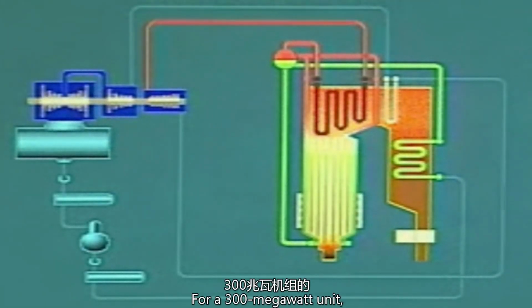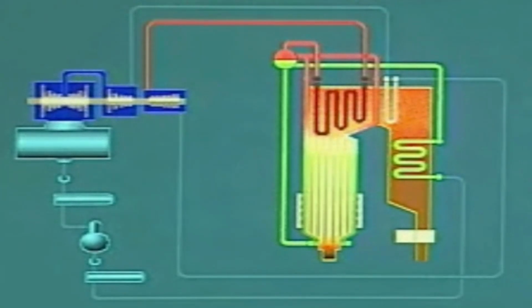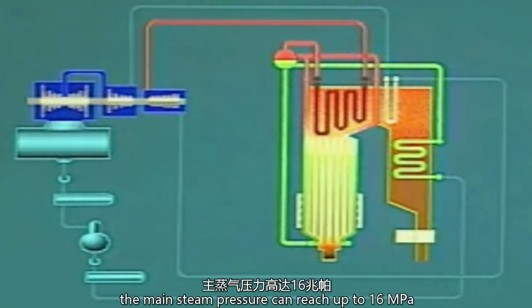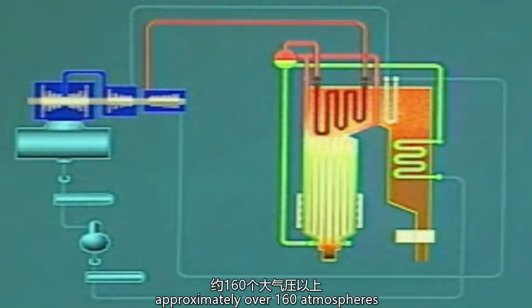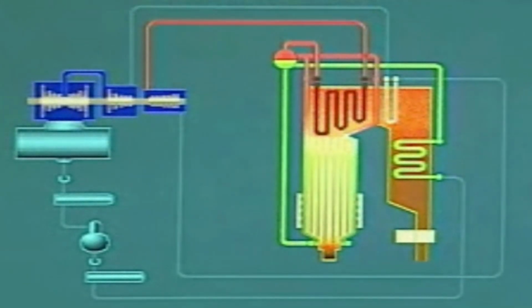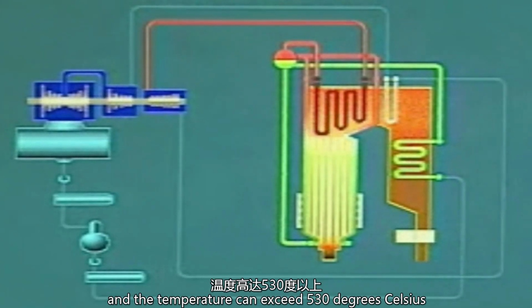For a 300 megawatt unit, the main steam pressure can reach up to 16 MPa, approximately over 160 atmospheres, and the temperature can exceed 530 degrees Celsius.